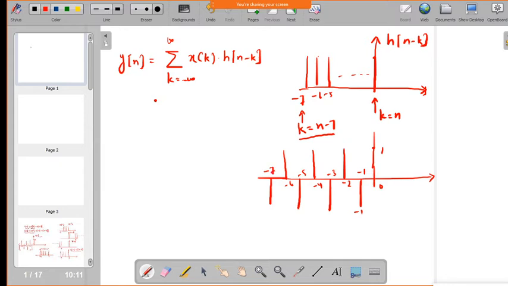Now we need to convolve these two signals. So how to convolve?